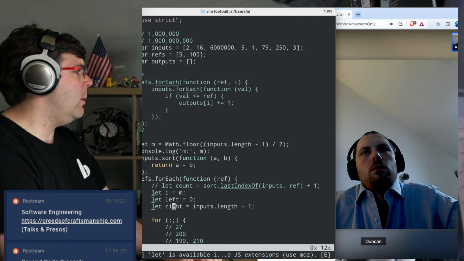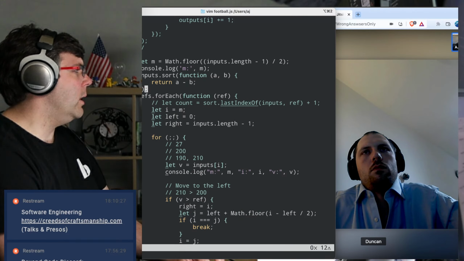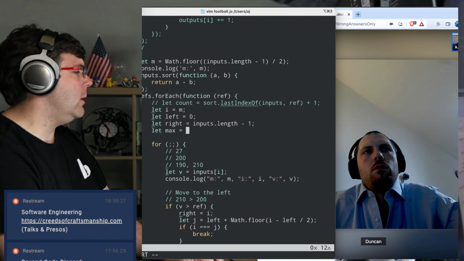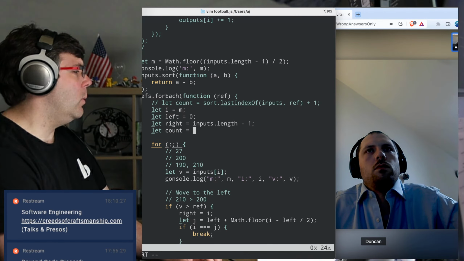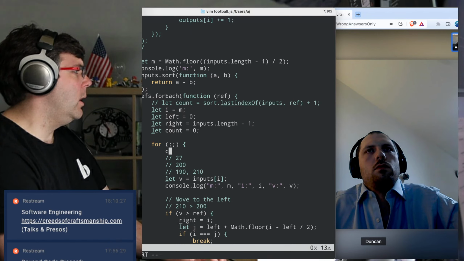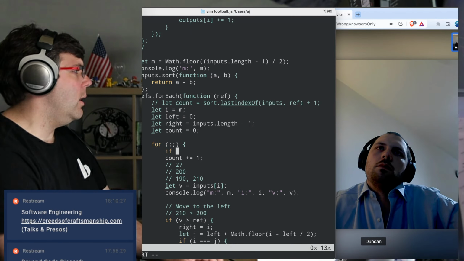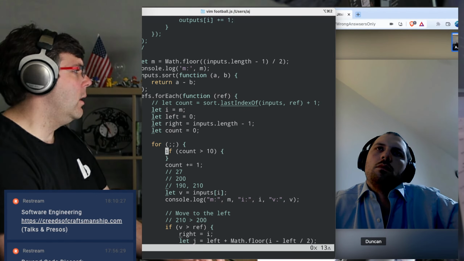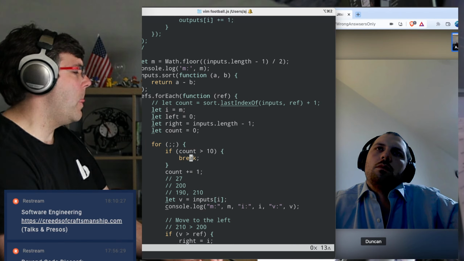All right, so we should look at what M is, and then let's just put in here: let count equals 0, count plus equals 1, if count greater than 10, then break.